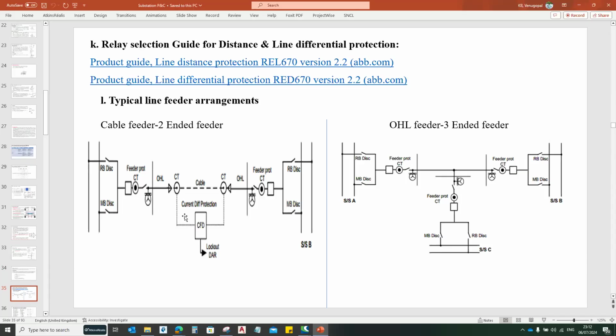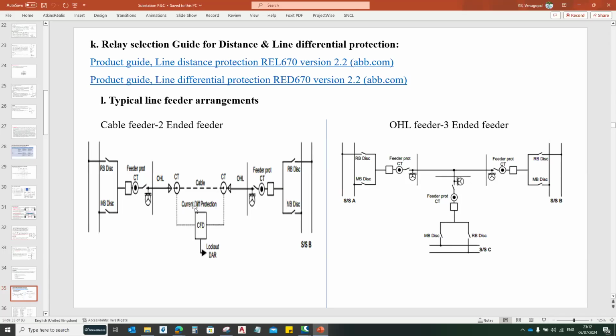When you are adopting a cable between the two stations, and if the circuit breaker is provided with the auto reclose functionality, you need to provide a cable fault detector, because the cables are generally buried in the ground or passed in tunnels from one station to another station. So the faults that happen in the cables will mostly be permanent faults. During permanent faults, you should not give an auto reclose command to the circuit breaker.